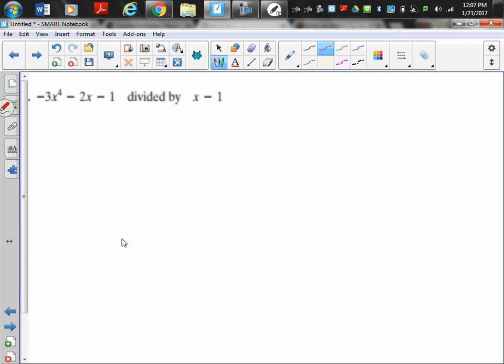Alright. I have an x to the 4, no x to the third, no x squared, so I have to put them in. So negative 3x to the fourth plus 0x to the third plus 0x squared minus 2x minus 1.